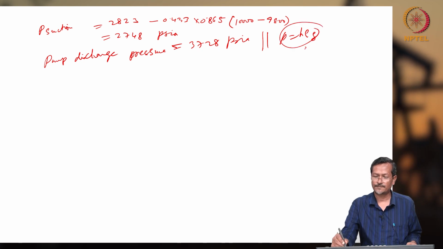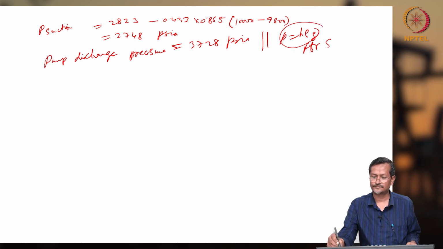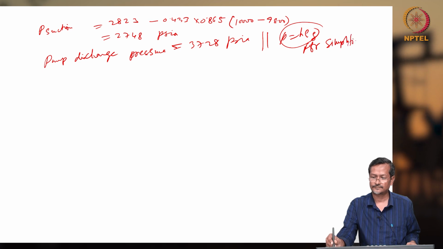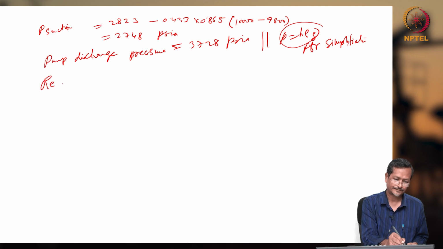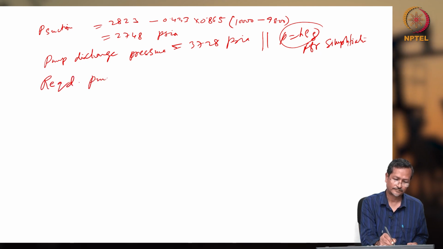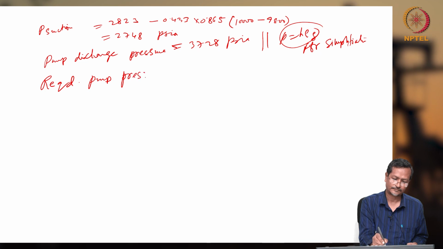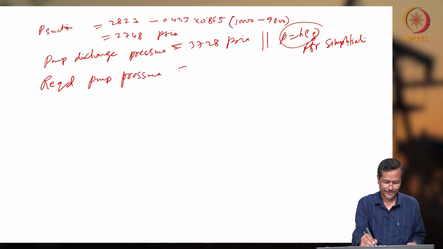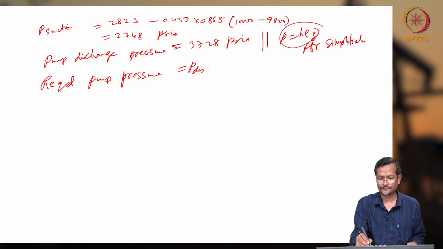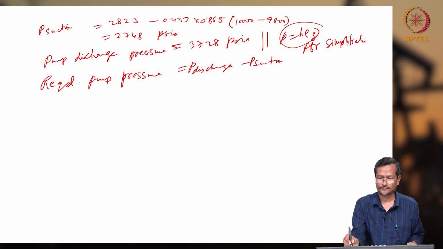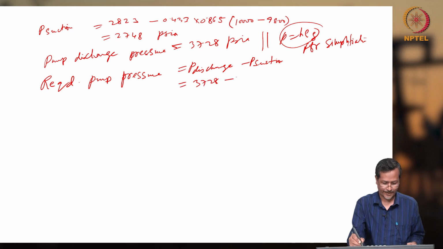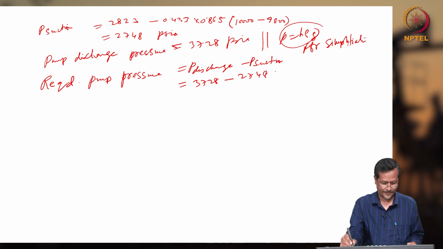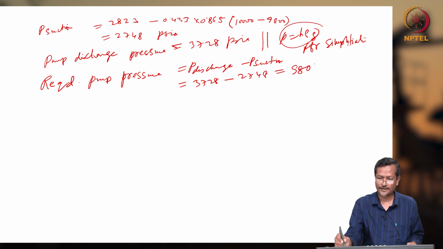For simplification, thus required pump pressure is P discharge minus P suction. So 3728 minus 2748 equals 980 psi.